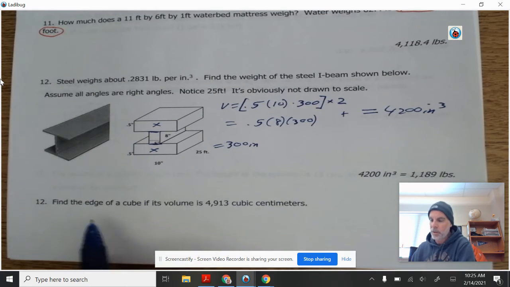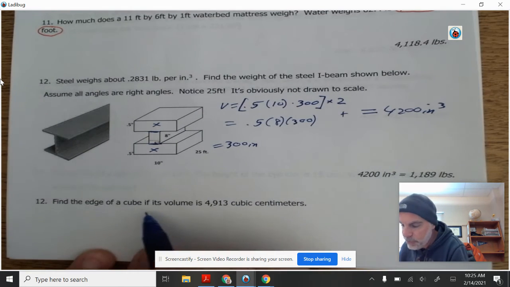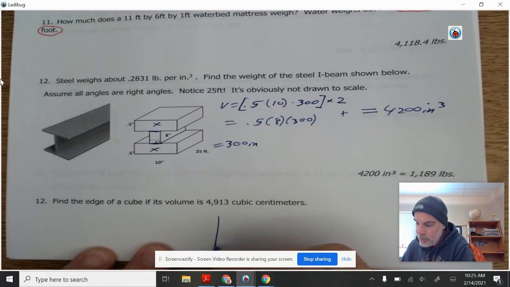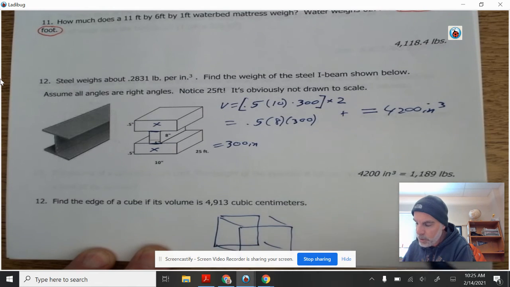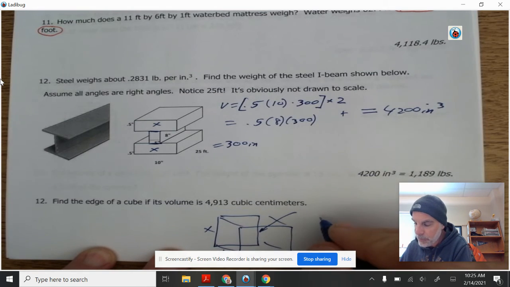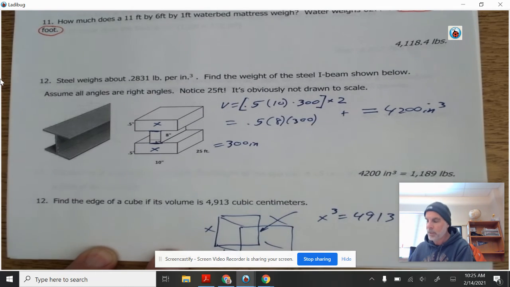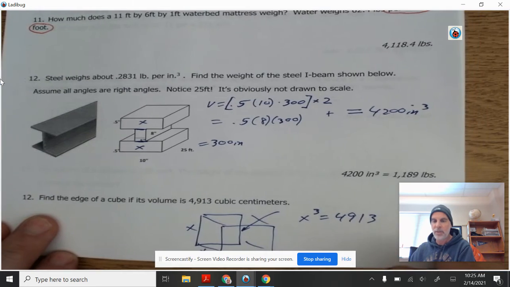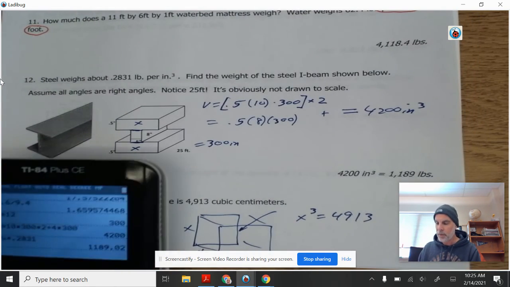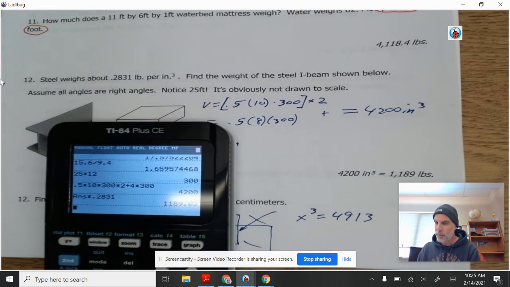All right. One other deal right here: find the edge of a cube. One thing you're going to have to learn how to do, and this may be foreign to you, is the volume of a cube. Well, a cube is length times width times height. In a cube, they're all the same. So what happens is it's x to the third power equals this. This you probably don't know how to do. How do you undo cubed? I know you're thinking square root, but it's not square root.